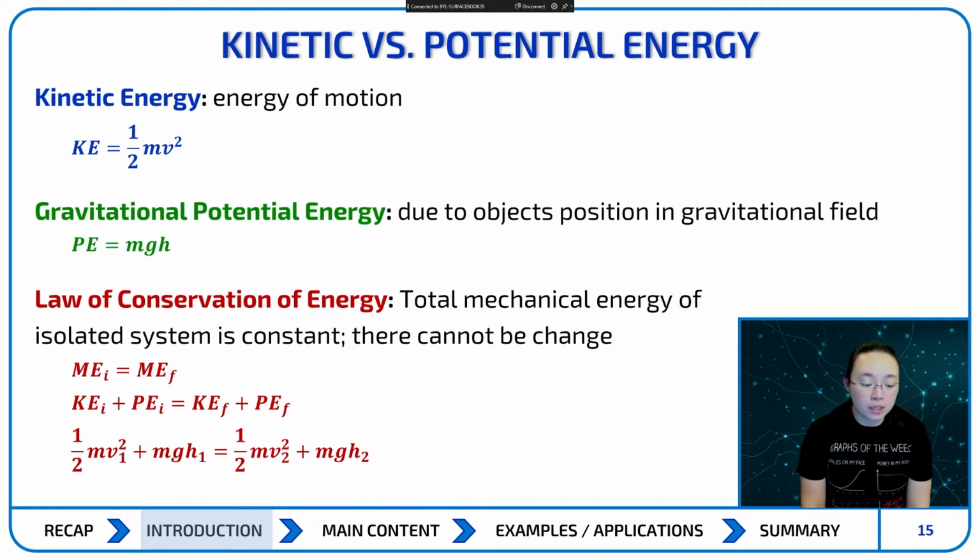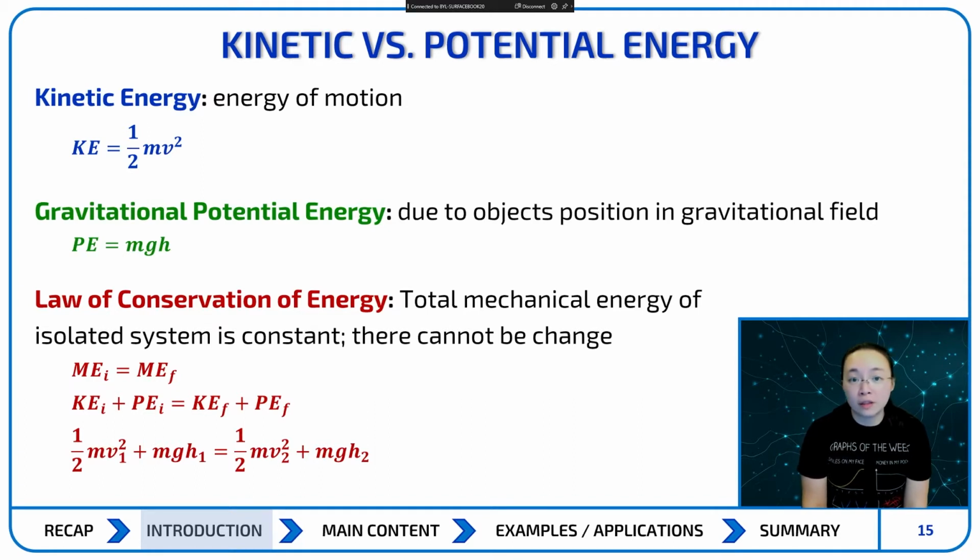So for kinetic energy, it has to be based off of some variable related to motion, and speed or velocity is the best one to choose. It's also affected by mass. So for KE, you have 1/2 mv squared. For gravitational potential energy, you have PE equals mgh.